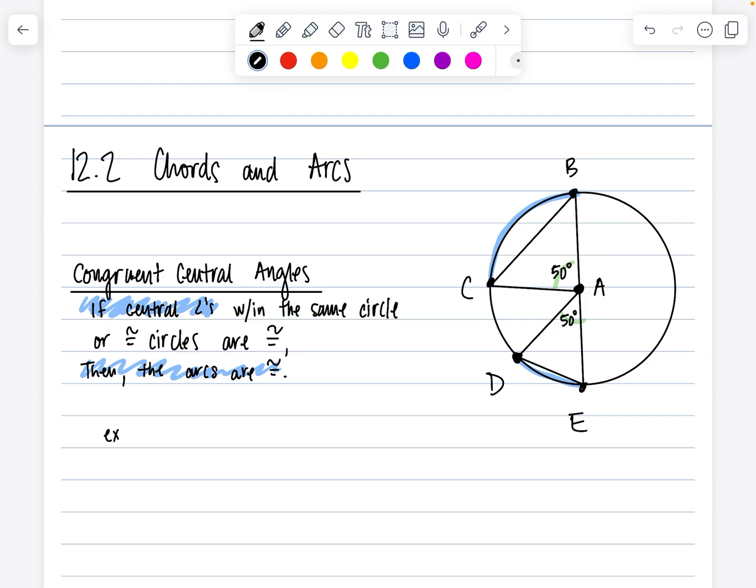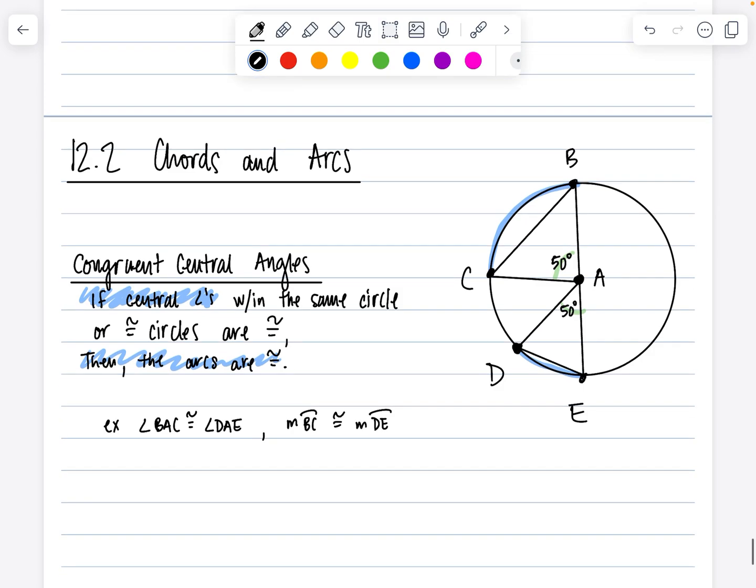So we have here, for example, angle BAC is congruent to DAE, then the arc measure of BC is going to be congruent to the arc measure of DE.